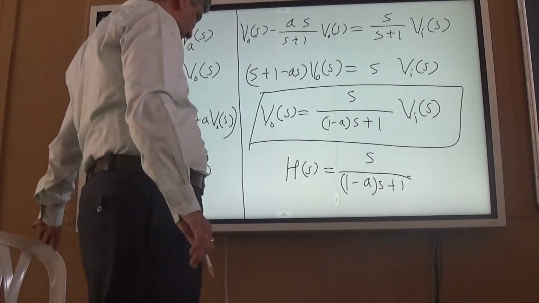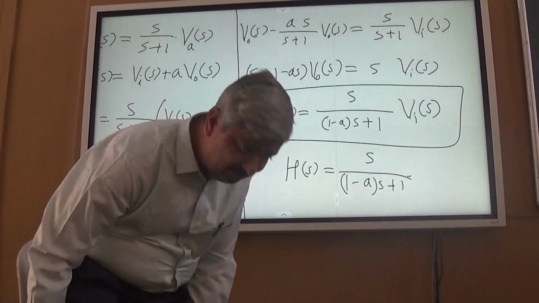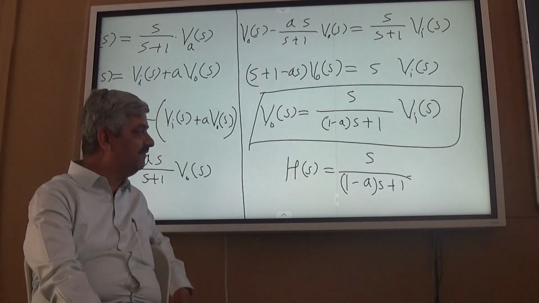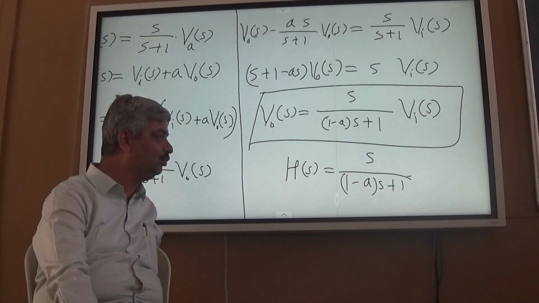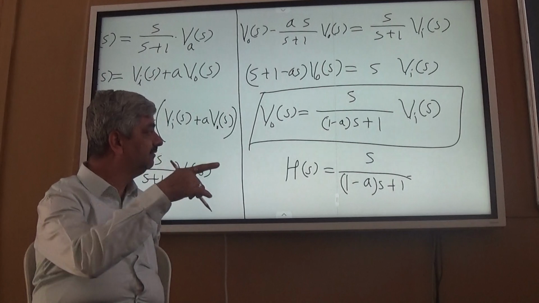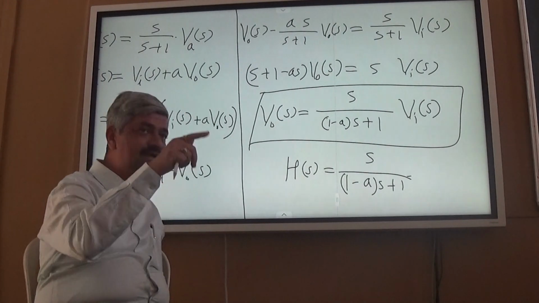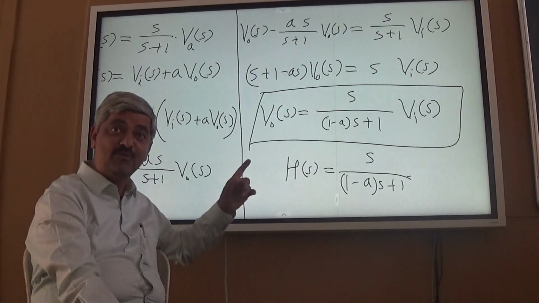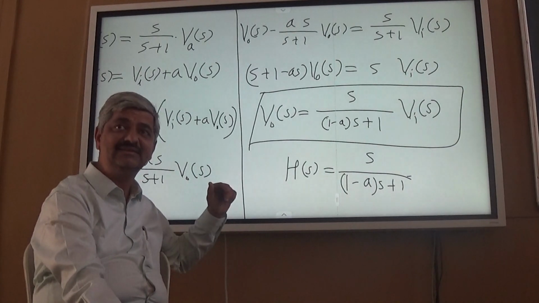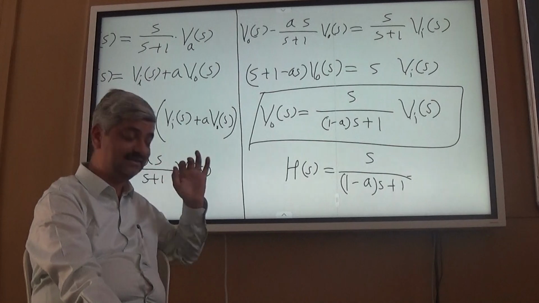What will happen if A is 0? If A is 0, then there is no feedback, S upon S plus 1. What happens if A is 2? Oh, you answered it, I thought it was quick. If A is 2, then S upon 1 minus S. If A is 1, then the transfer function will be S. Right.